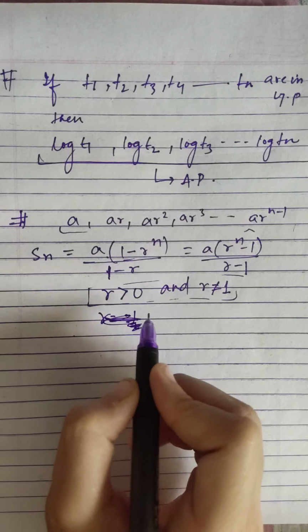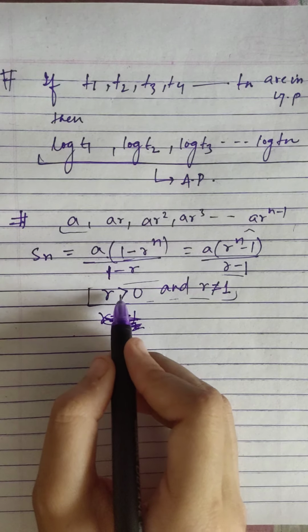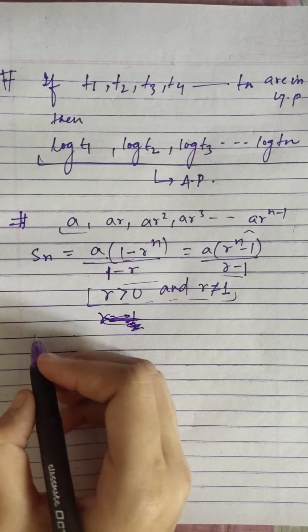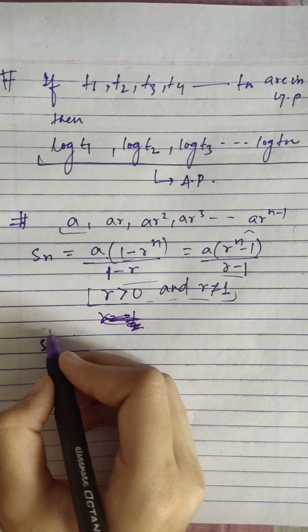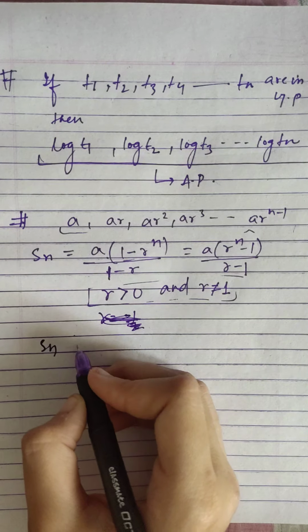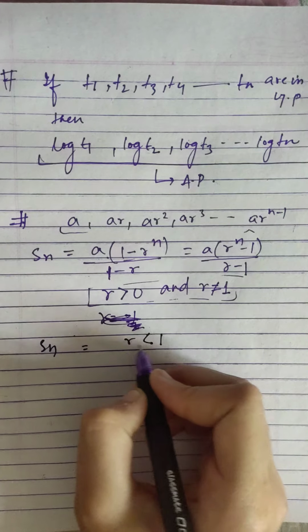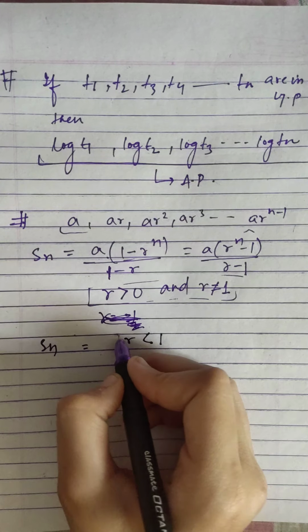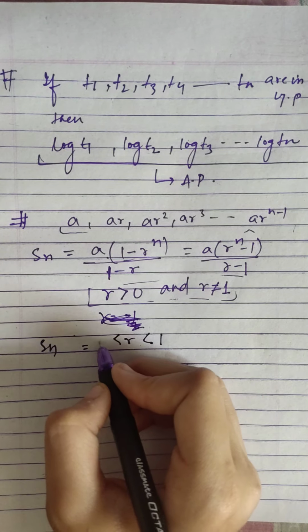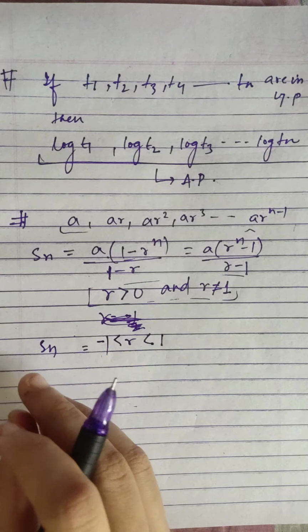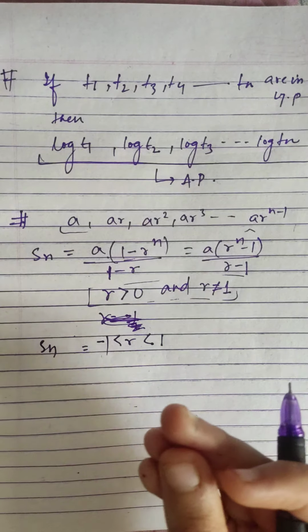So what are we going to do when our R is less than 0? There is another formula for Sn, and we have to use it when our common ratio is less than 1 but greater than minus 1, meaning our common ratio has to be between minus 1 and 1.